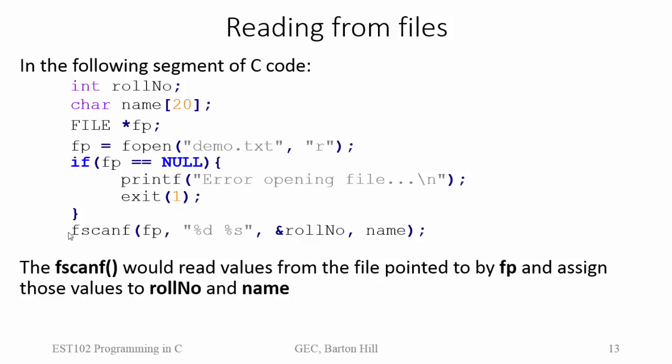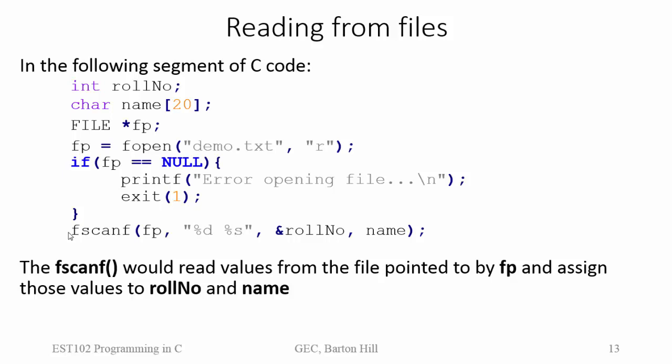And one thing you have to remember is that fscanf separates different data in a line based on the white space present between them. So if I have to store this 1 and Abhishek, I should provide a space after 1. Then only we can read data using this fscanf statement.